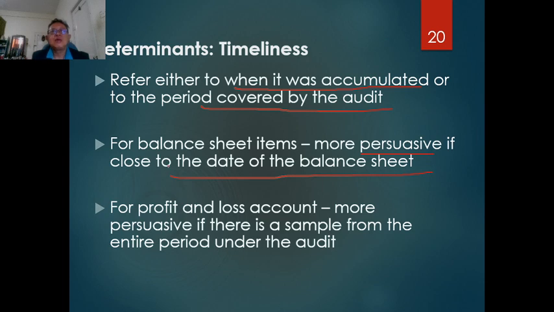For example, to check the cash balance, the most relevant evidence is towards the end of the balance sheet period. For the profit or loss account, it is more persuasive if there is a sample from the entire period under audit, not towards the end and not at the beginning. So here we took a look at timeliness.